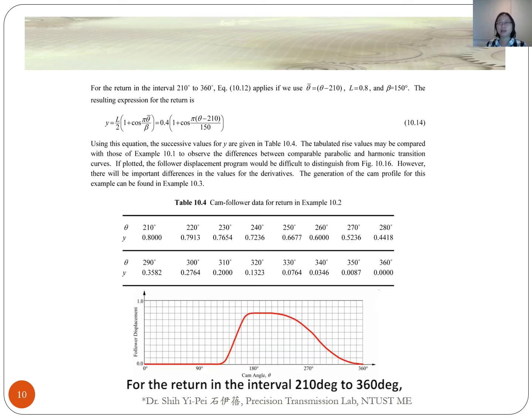For the return in the interval 210 degrees to 316 degrees, equation 10.12 is applied. We subtract the beginning angle 210 degrees from the cam angle theta. Here, the amount of the return L equals 0.8 inches, and the cam rotation angle required, beta, changed to 115 degrees.